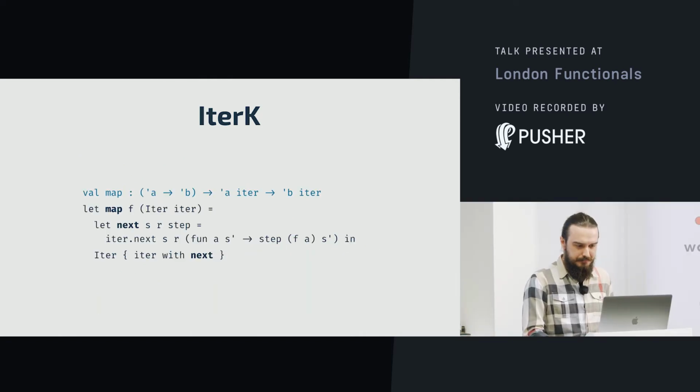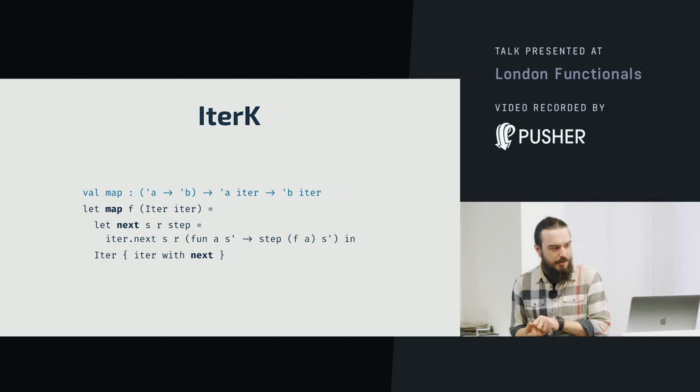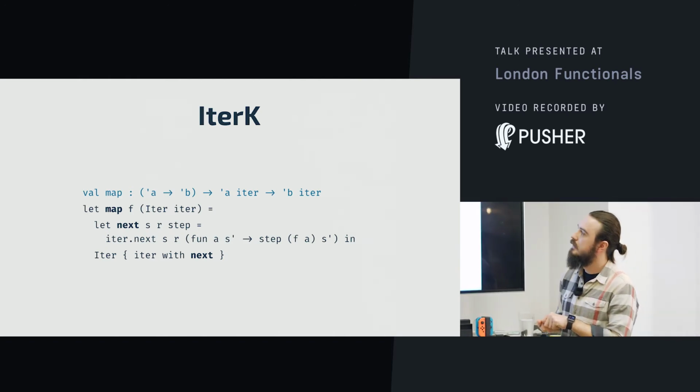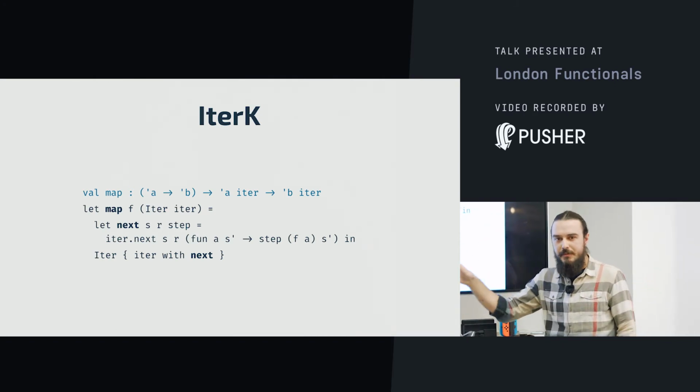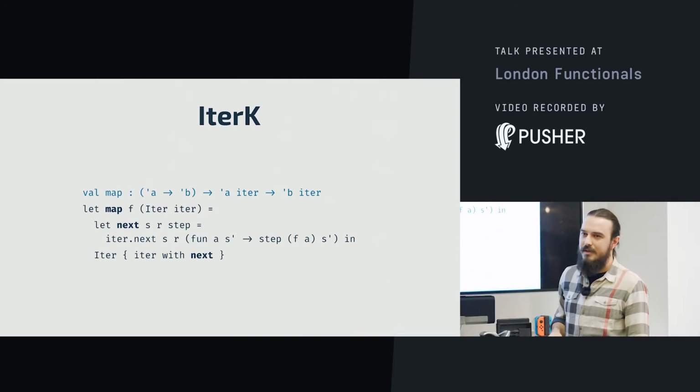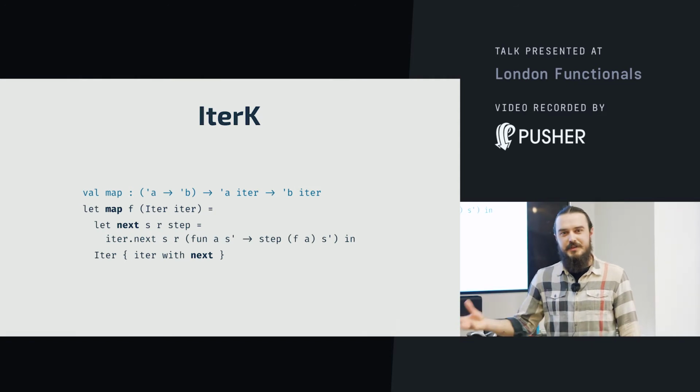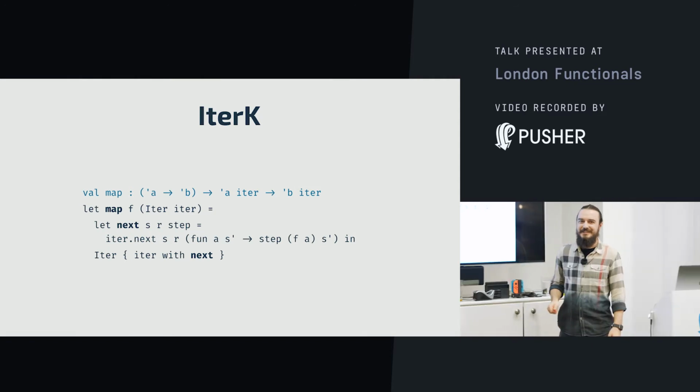OK, so now this is how our map looks in this model. This is kind of identical to pattern matching or catamorphism, as you usually say in Haskell.